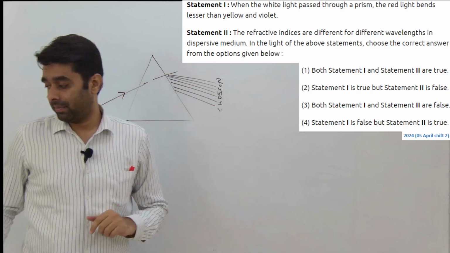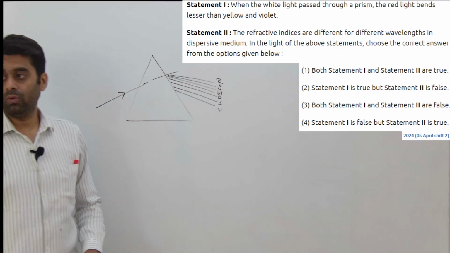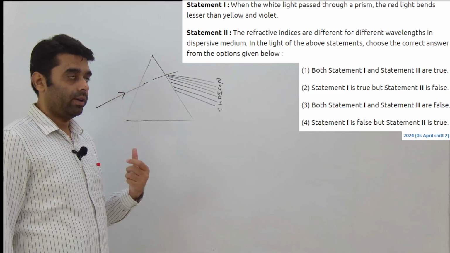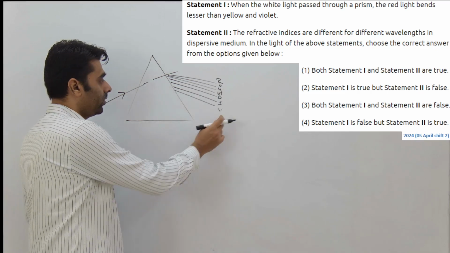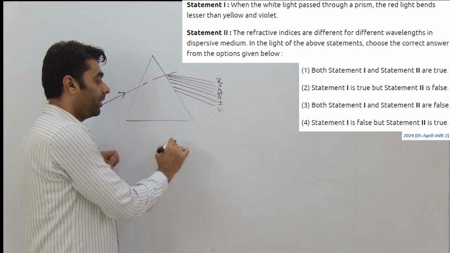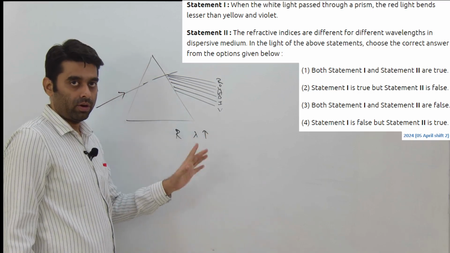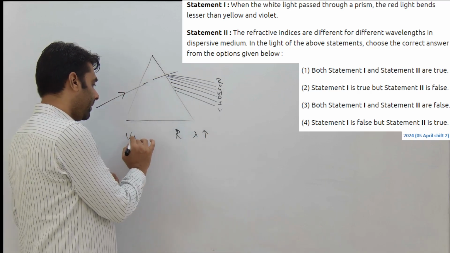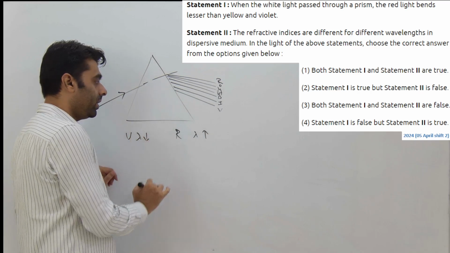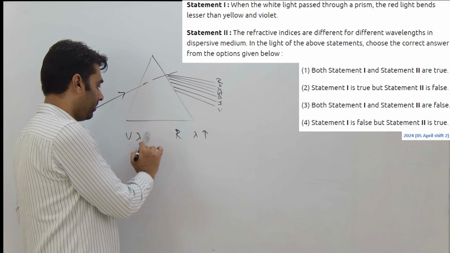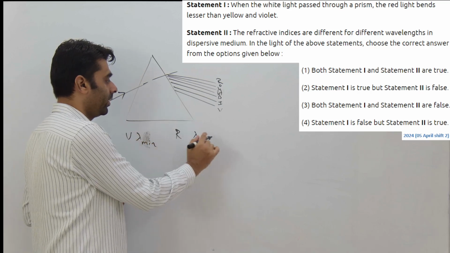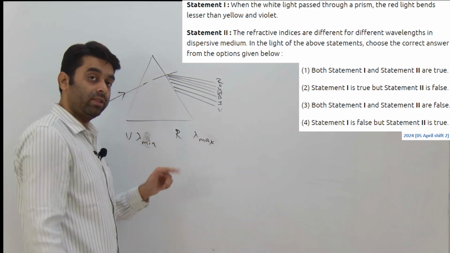Now why is it happening like this? Is it true? Yes. Is there a reason for it? Yes. Basically we know out of this VIBGYOR, red has maximum wavelength. Lambda is maximum for red, whereas for violet lambda is minimum. What is the effect of this?